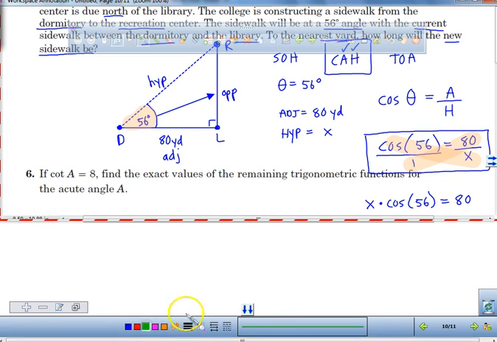So we only have one more step to do. Divide both sides by the cosine of 56. And whatever that is equal to, my friends, will be your approximate answer for the length of the side.